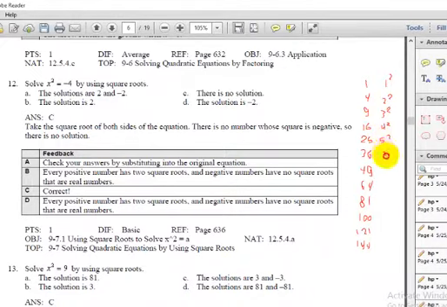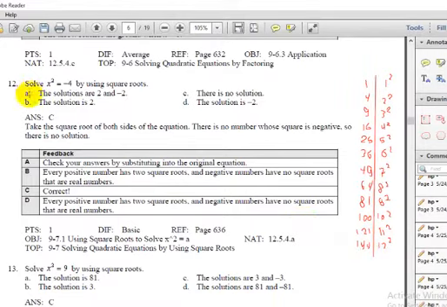Perfect square numbers. 6 power 2, 7 power 2, 8 power 2, 9 power 2, 10 power 2, 11 power 2, and 12 power 2. Remember? Perfect square numbers? Okay? Please remember it. So important.